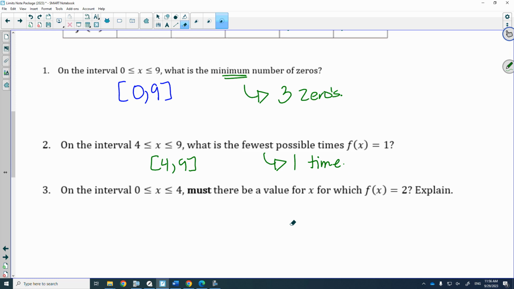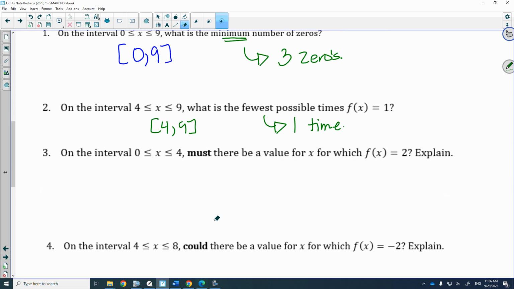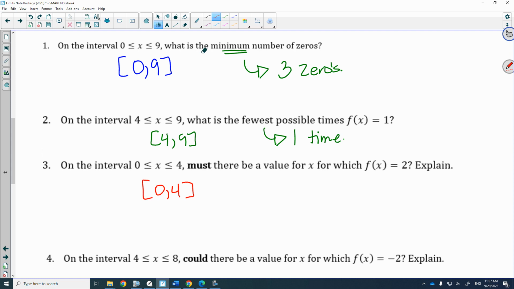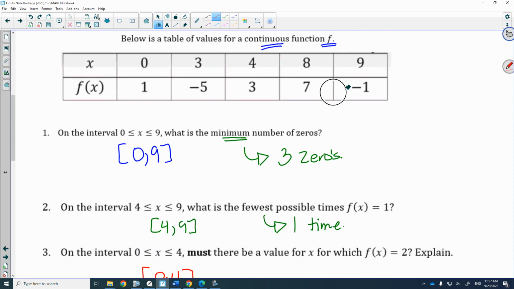Okay, on the interval 0 to 4, must there be a value for x for which f of x is equal to 2? Okay, so let's think about this. On the interval 0 to 4, our y values are going from 1 to -5.